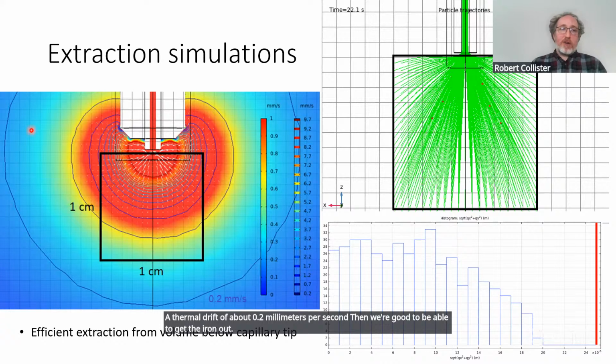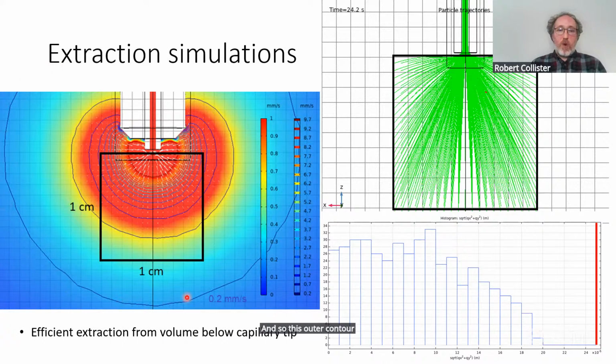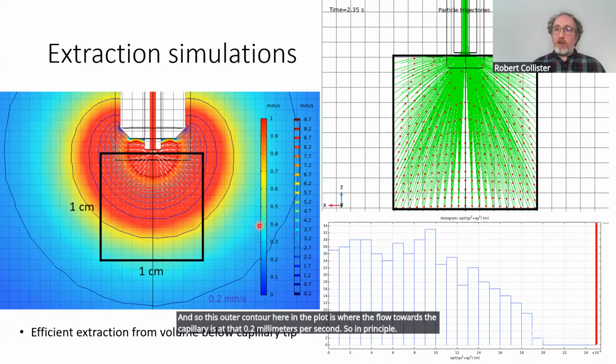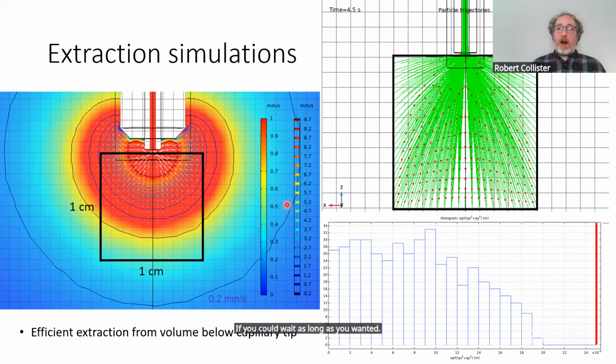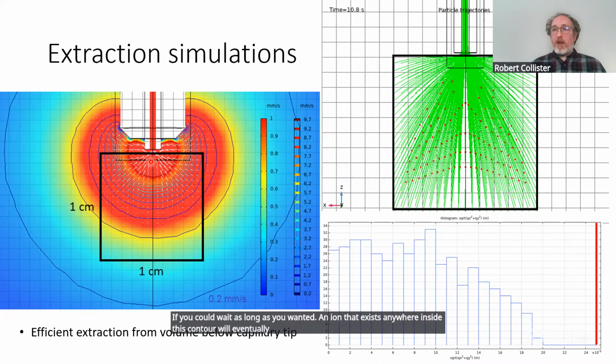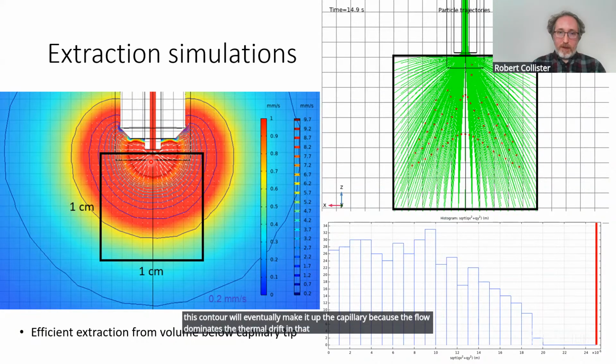This outer contour in the plot is where the flow towards the capillary is at that 0.2 millimeters per second. So in principle, if you could wait as long as you wanted, an ion anywhere inside this contour will eventually make it up the capillary because the flow dominates the thermal drift in that volume.